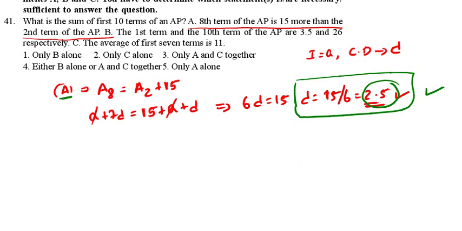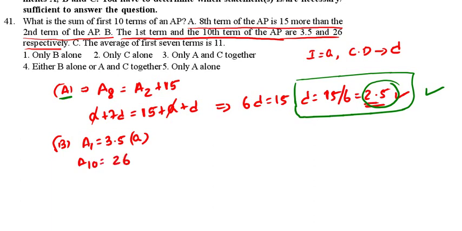Now B. The first term and 10th term of the arithmetic progression are 3.5 and 26 respectively. So what is given in B? The first term A1 is equal to 3.5, and A1 is nothing but small a. The 10th term is 26.